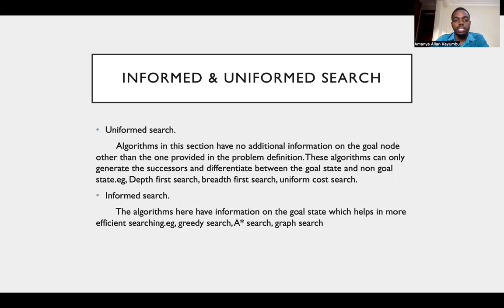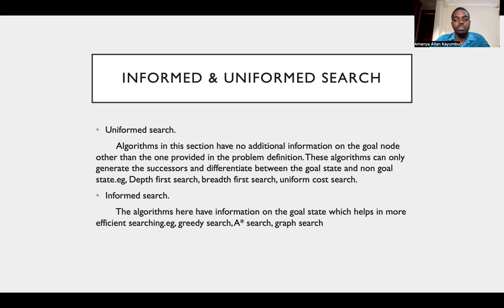So the next is informed and uninformed search. For uninformed search, we have algorithms that do not have additional information on the goal node other than the one provided in the problem definition. These algorithms can only generate the successors and differentiate between the goal state and the non-goal state.